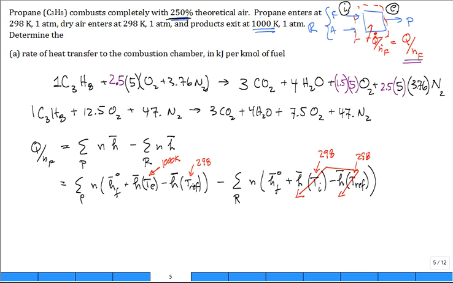Now let's continue to write down here. So sum over all the products. I'm going to do the CO2 first. 3 times the enthalpy of formation of the carbon dioxide, negative 393,520, plus the molar enthalpy of carbon dioxide at 1,000 Kelvin.